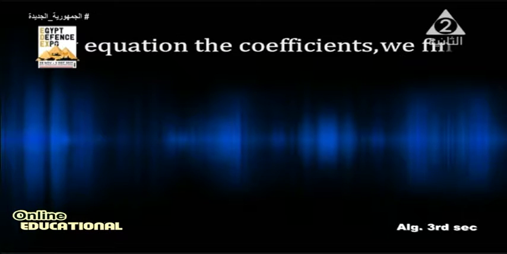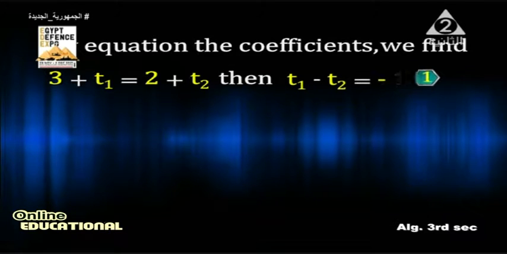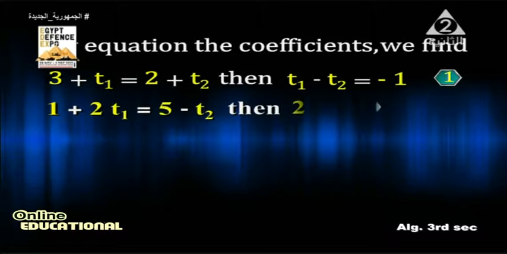By equating coefficients of the two lines, we deduce the first equation: t1 minus t2 equals -1. After that, the second equation: 1 plus 2t1 equals 5 minus 2t2, therefore we deduce 2t1 plus t2 equals 4. Then we have two equations in two unknowns, t1 and t2.